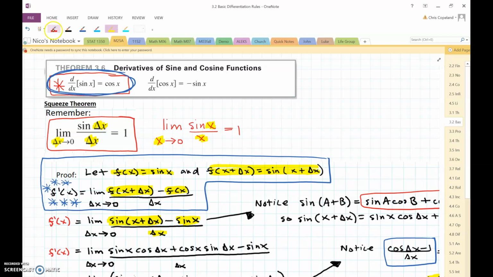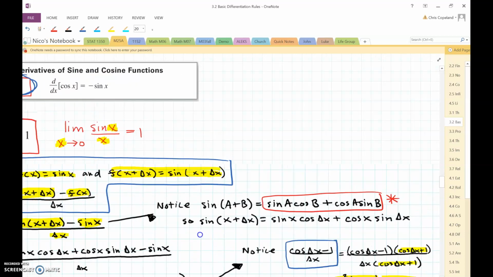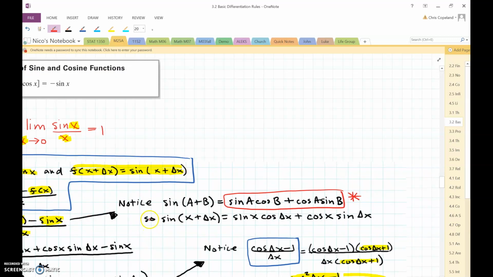So there's step 1. Notice, this should be a trig identity that you are very familiar with. Notice that if you have sine of a plus b, so the sum identity for sine, that's going to equal sine of a cosine of b plus cosine of a sine of b.